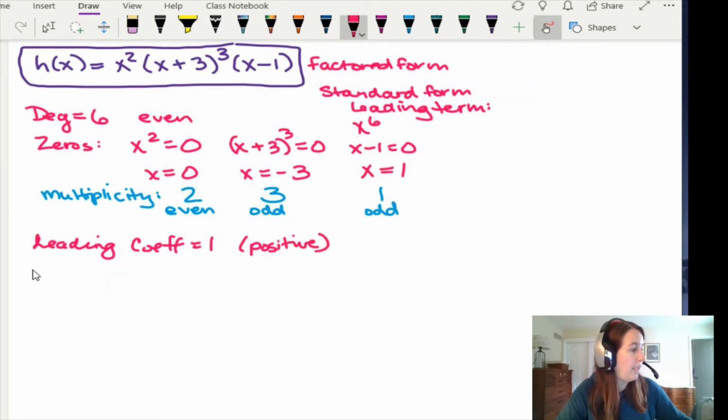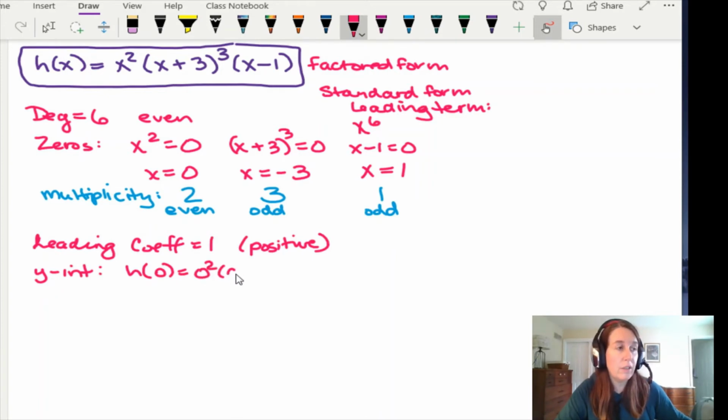And then we also want to know what the y-intercept is. So the y-intercept is h of 0. So plug 0 in for x: 0 squared, 0 plus 3 cubed, 0 minus 1. Well, that's 0 times those numbers, so it's 0. So the y-intercept is equal to 0. And then we also want to talk about the end behavior.